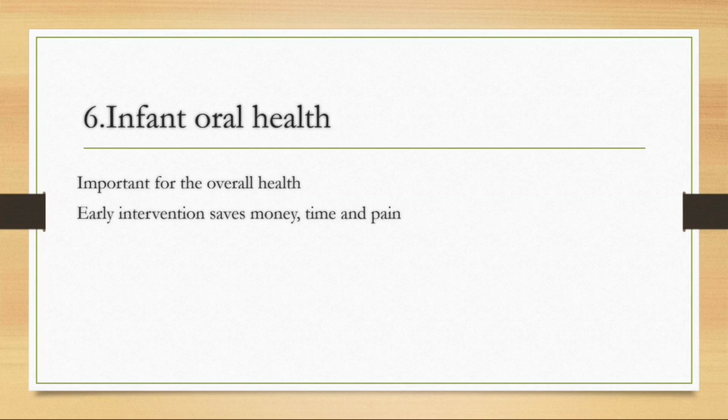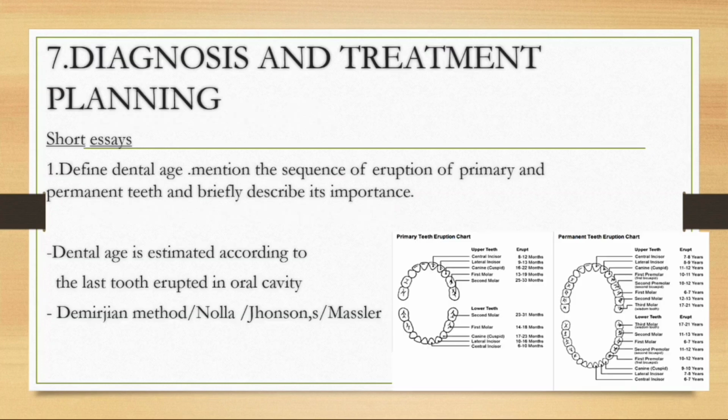It will be a very small cavity, and it can be easily filled without any pain. As time goes on without any intervention, it reaches the dentine, pulp and periapical infection, and it also affects the permanent tooth bud, and it again complicates things. So early intervention can be done. It also helps the child to have a very good set of teeth without any problems in the future. So that is infant oral health and its importance.